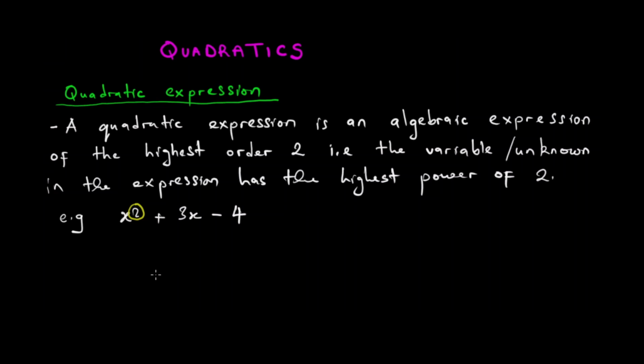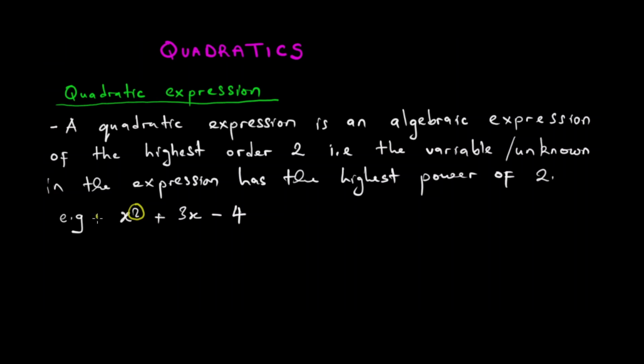So here we just have an expression which is not equal to anything. So if we look at a quadratic expression, we must find that the highest power of our unknown is 2. So we look at the powers of x, because our unknown in this example is x. My powers of x, the highest power of x should be 2. That is when we say we have a quadratic expression.